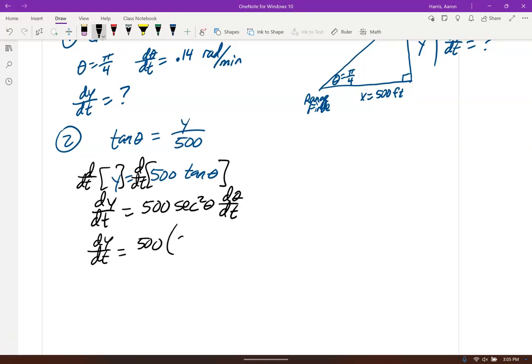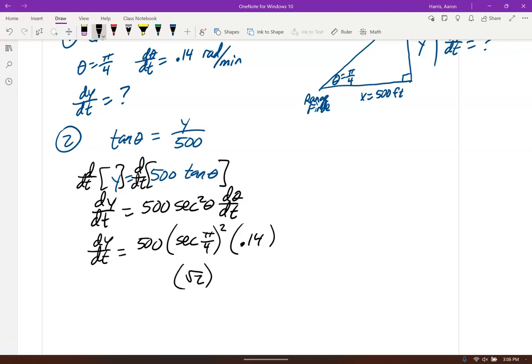So my dy/dt equals 500. Now my theta, this is the secant of pi/4 squared. And my d theta/dt was given. It was 0.14, right? Well, the secant of pi/4 would be, instead of 1 over root 2, be root 2 over 1. So it'd be root 2.